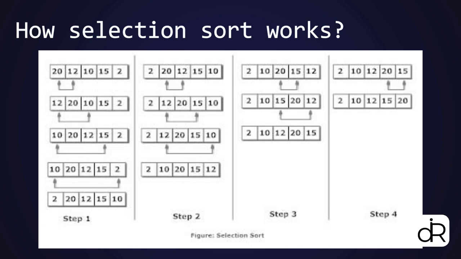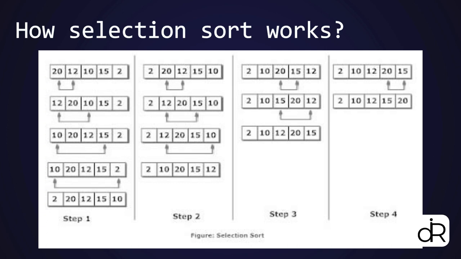Again, we're going to select the first element with the fourth element and compare them. In this case, we find that 15 is greater than the 10, so we're going to change nothing. Again, we're going to compare the first element with the last element. In this case, 2 is smaller than the 10, so we're going to select both elements and exchange their places, or swap their places. So this is step 1.